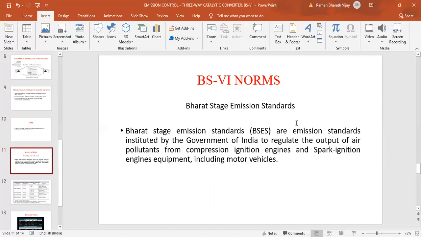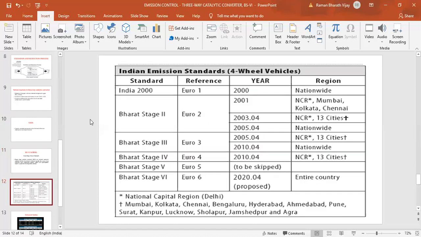Whether it is a compression ignition engine or a spark ignition engine, we don't worry about it. The ultimate aim is to reduce the pollution, the content of the harmful gases. When these BS norms were created, we have to go to the chart here. It is the general chart, you can refer to it on Google itself.